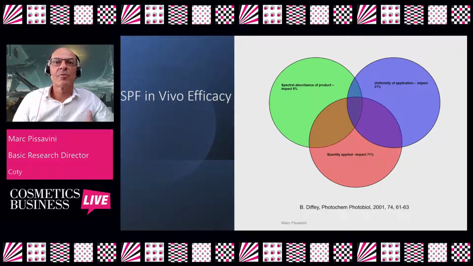In fact, it is due to the quantity, the percentage of UV filter, but also to the uniformity of the application and to the quantity applied. And have a look: the percentage of UV filter is only around 8% by weight. That means that the impact on the SPF is mainly due to the quantity applied and the uniformity of the application.